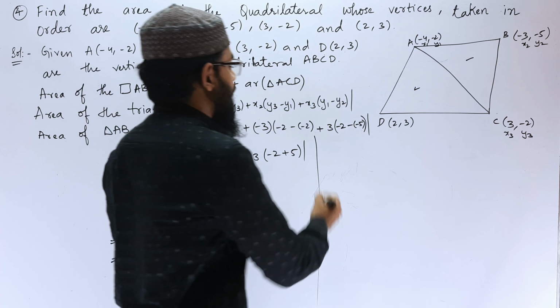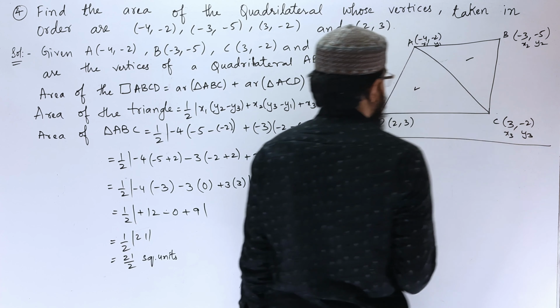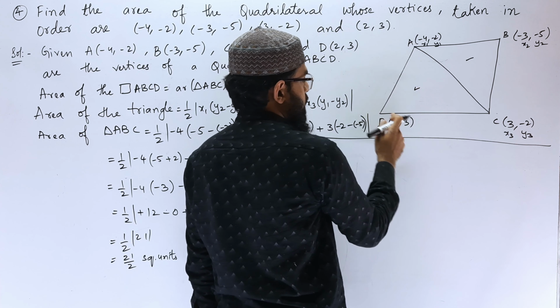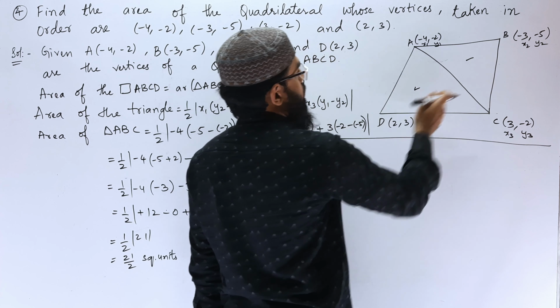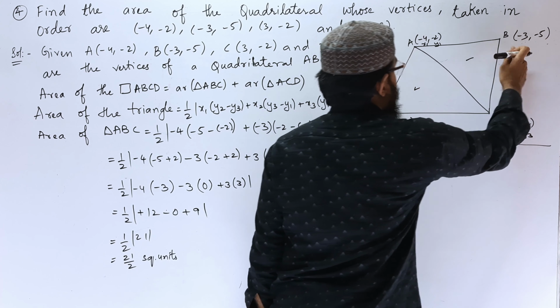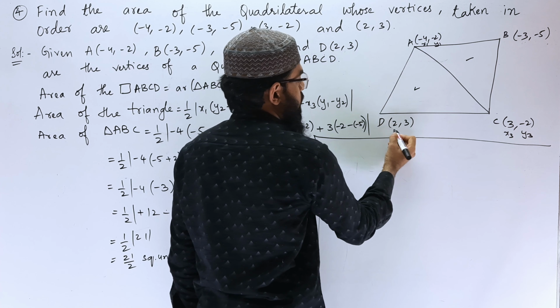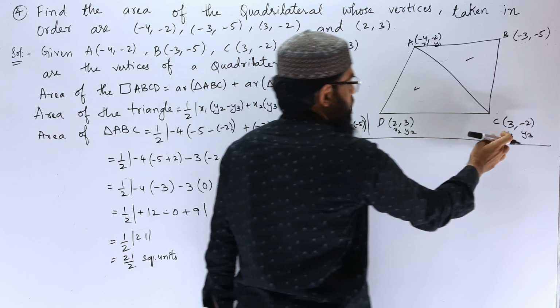Next, we will find out the area of the triangle ADC. Then next, it will become x1, y1, x2, y2, x3, y3.